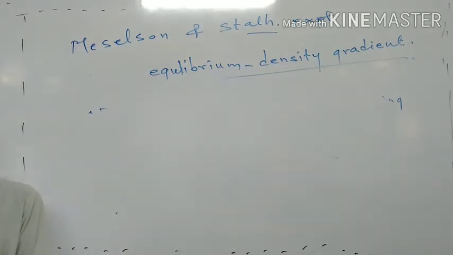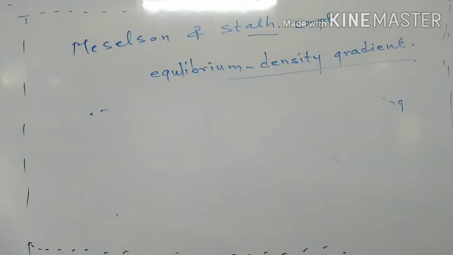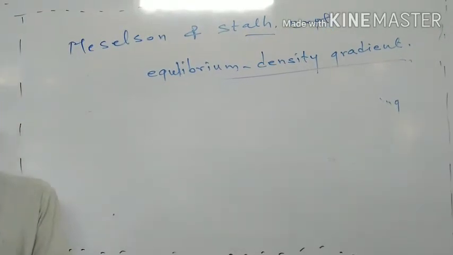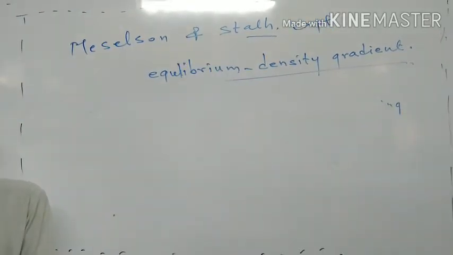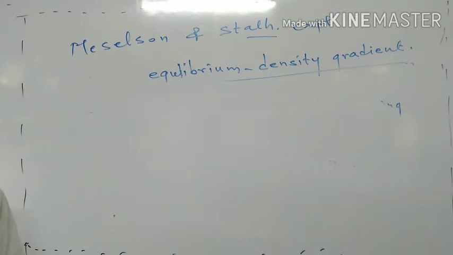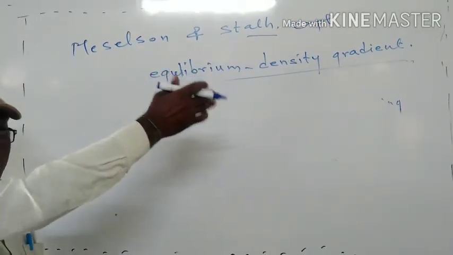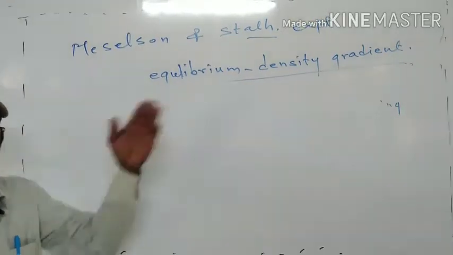The N15 DNA will transfer to another medium. Now what do they do? They transfer the N15 DNA, the culture in which that E. coli was cultured, E. coli with N15.